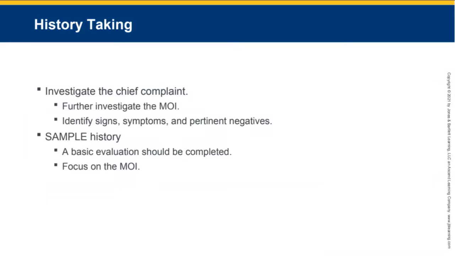So for history taking, investigate the chief complaint. Further investigate the MOI, identify signs, symptoms, and pertinent negatives, and obtain the SAMPLE history. A basic evaluation should be completed. Focus on the MOI.